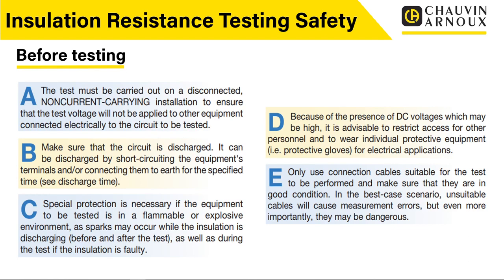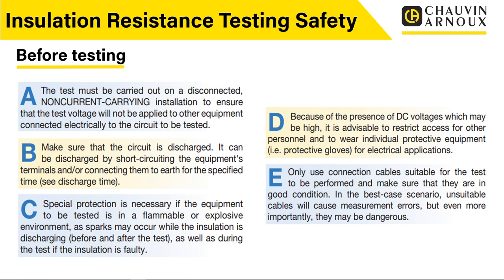How can we keep them out of the testing area while we're carrying the tests out? So it is important. Don't just think that the test is limited to the space that you're working in with the cables in front of you. If you're testing a cable and that cable goes 100 meters away, you could potentially be injuring somebody that is 100 meters away as well. So we do need to think about those precautions.